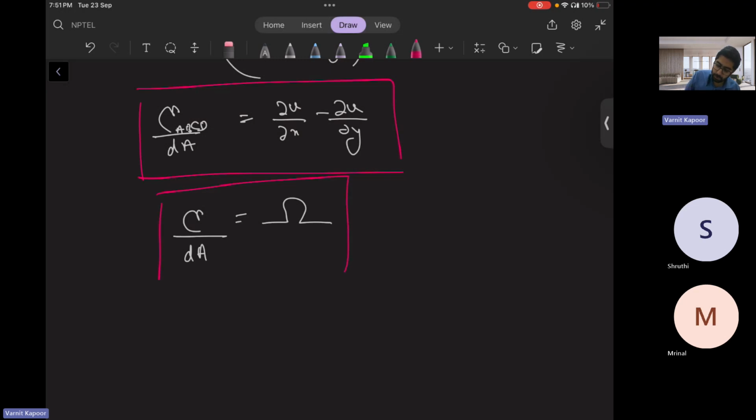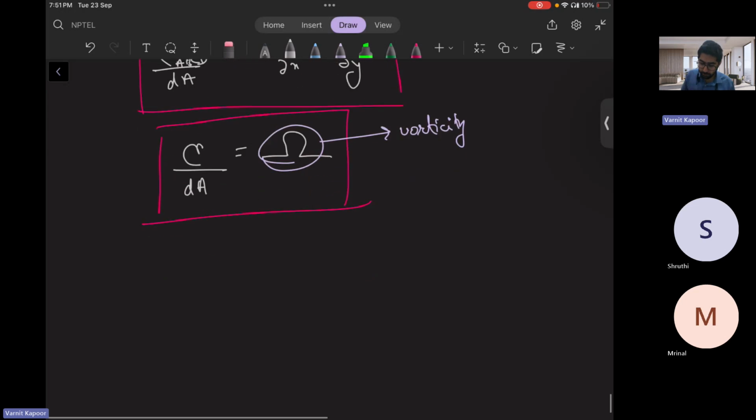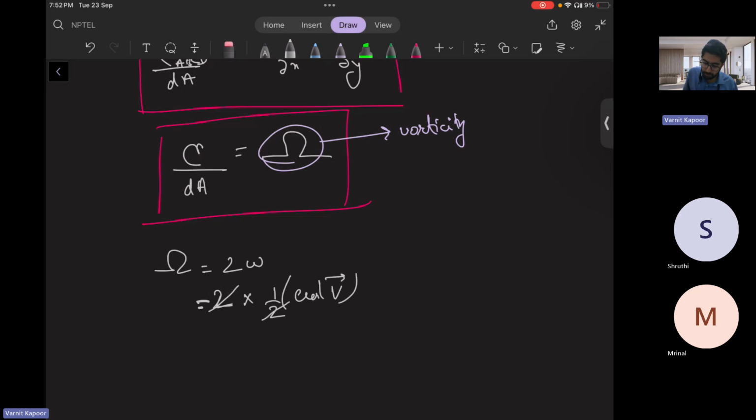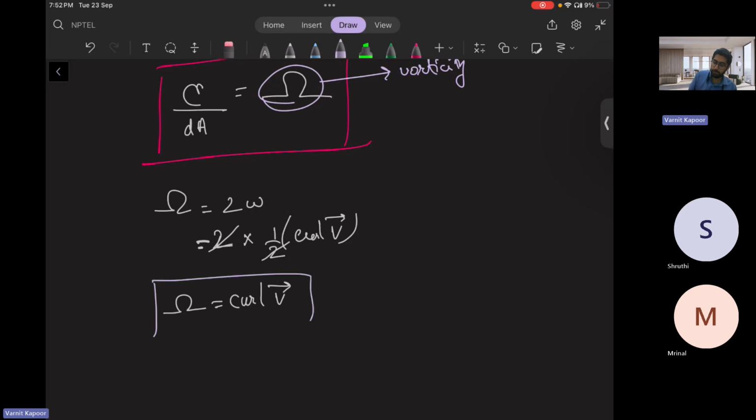This is also called vorticity, and vorticity is twice the rotation, omega. And what is rotation? Half of curl of the vector v. So the half cancels out, and vorticity is nothing but curl of vector v.